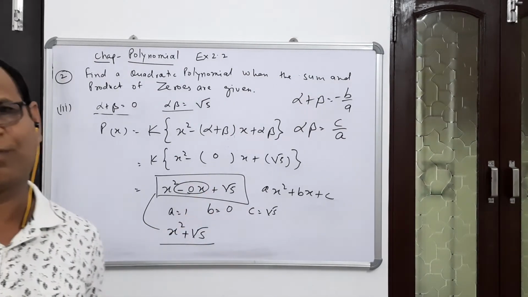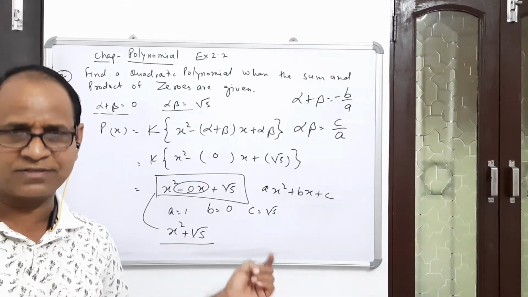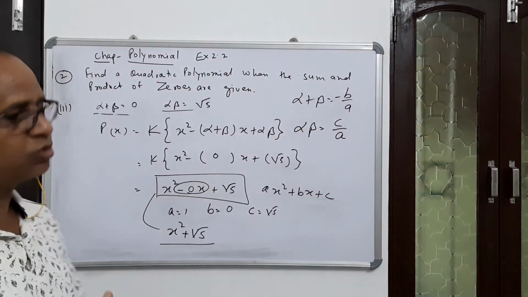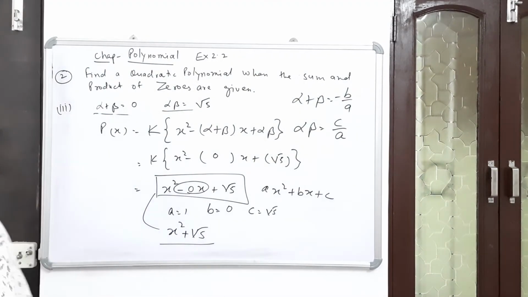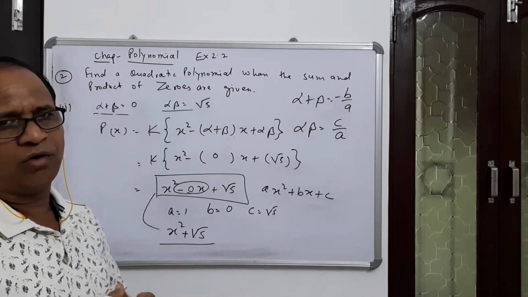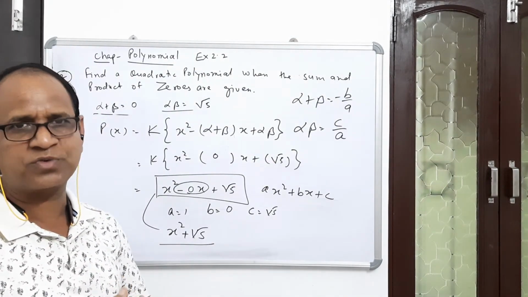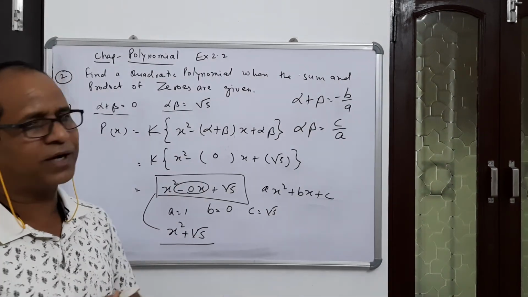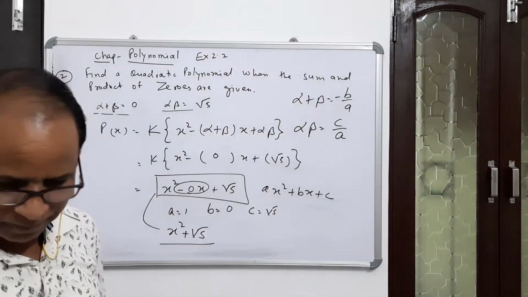So this type of problem is also important from the examination point of view. As I told you, exercise 2.3 and the last part, that is the optional exercise, is also removed from our syllabus. That's why this part is very, very important.